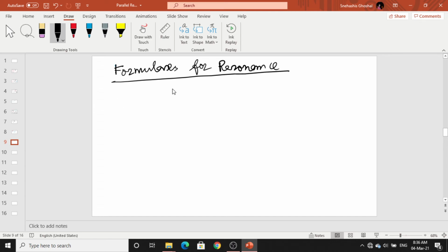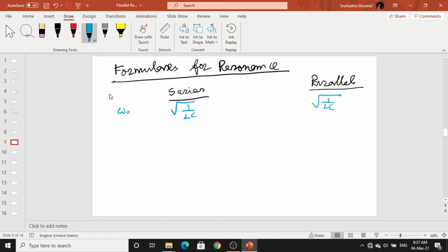This column will give you the series resonance, and this column will give you the parallel resonance. So the resonant frequency omega naught: for series resonance, it is 1 by root LC. For parallel resonance also it is 1 by root LC, or root 1 by LC.